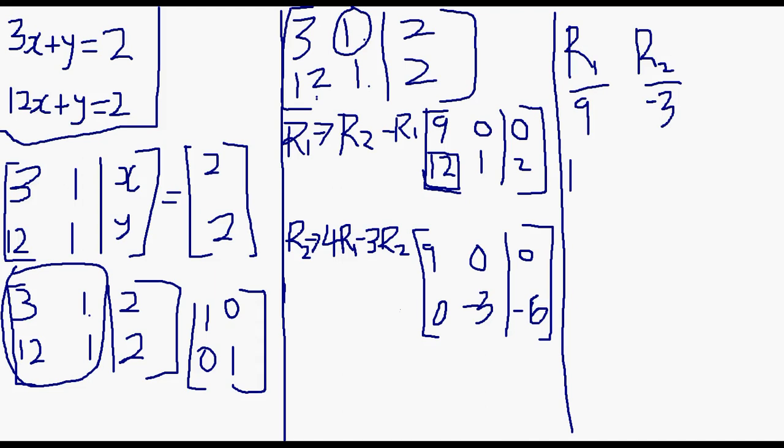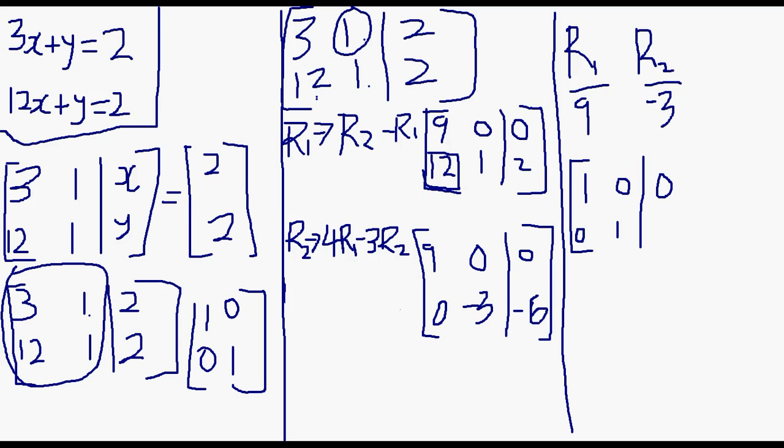So if we open this thing, 9 divided by 9 is 1. 9 divided by 0 is 0. And then 9 divided by 0 again is 0. Return rate to 1. Now row 2. 0 divided by negative 3 is 0. Negative 3 divided by negative 3 is positive 1.